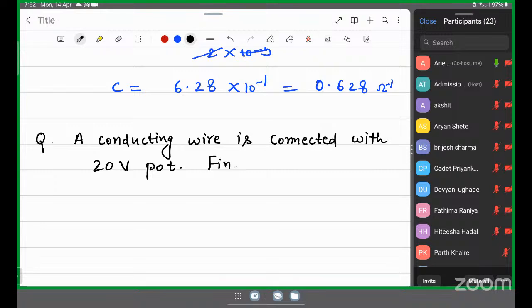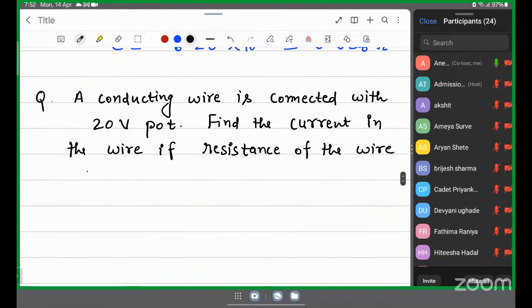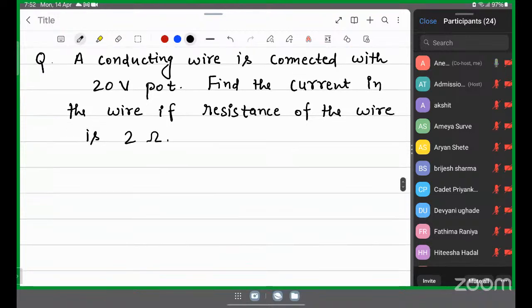Find the current in the wire if the resistance of the wire is, let's say, 2 ohm, keeping physical conditions constant.